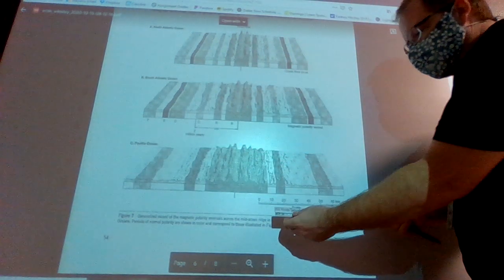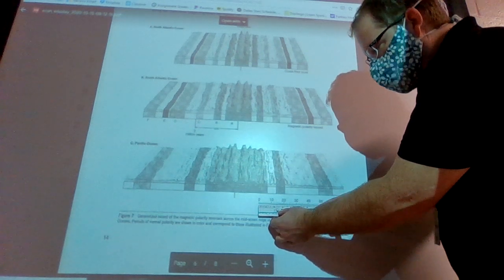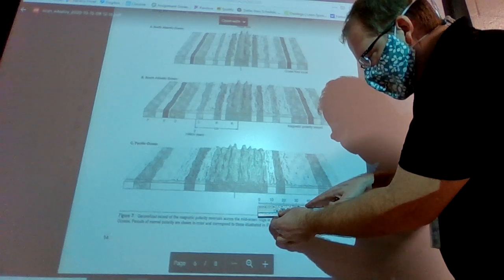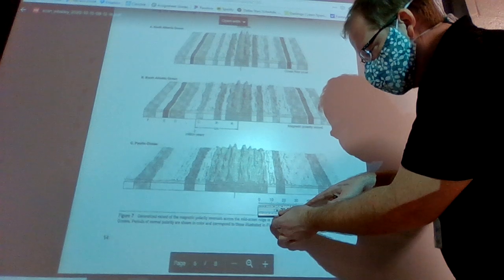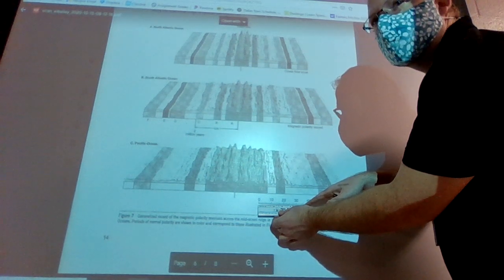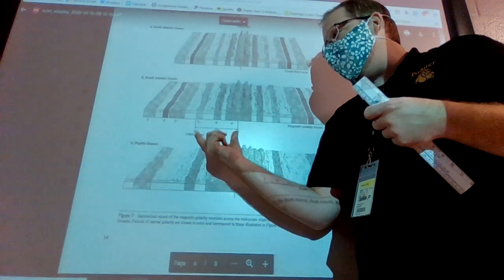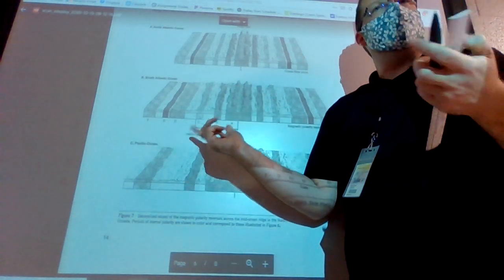Take your ruler down to the bottom and get a real life distance on this. For me, 5.5 inches, it's hard to see on the scale, is going to be just over 35 kilometers, probably like 36, 37 kilometers. That's the distance from the center of the mid-ocean ridge to sea, and that's what you need to do.